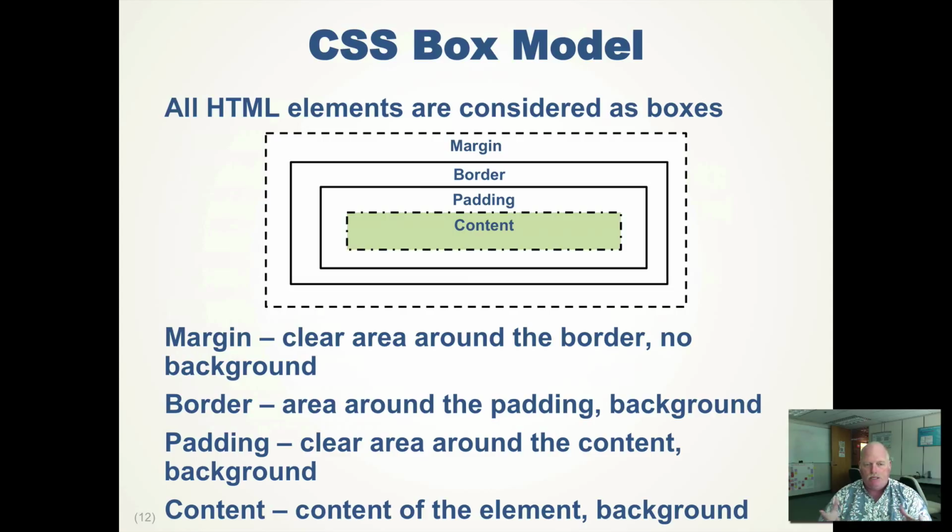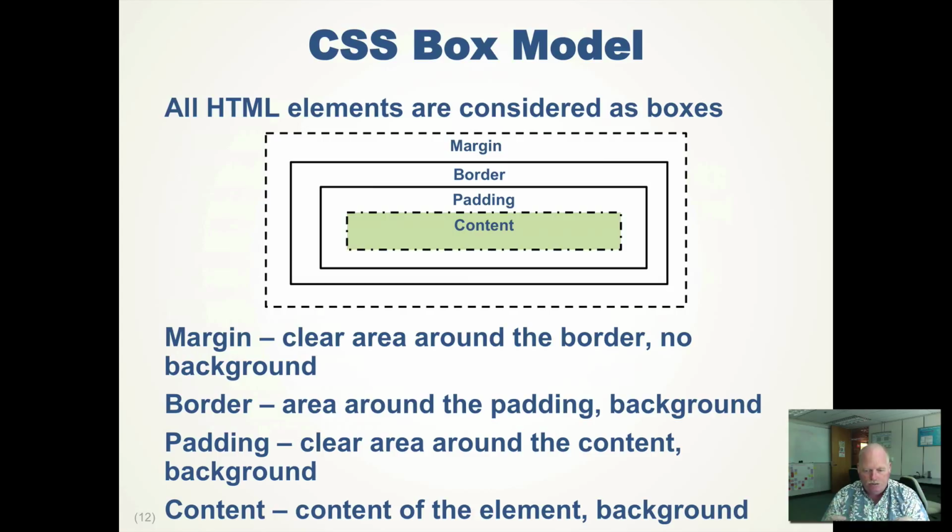All HTML elements are considered boxes, where CSS is applying the style to this box or rectangle. So there in the center is the content. That's like the text or the link or whatever.